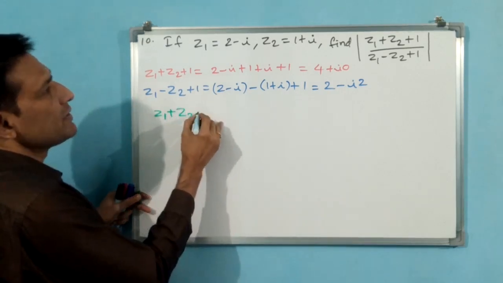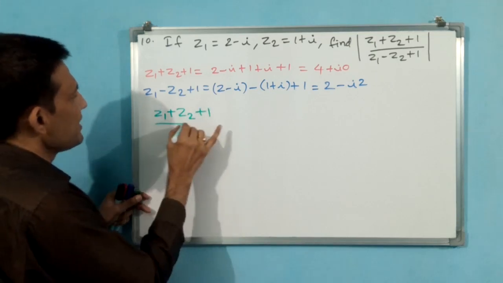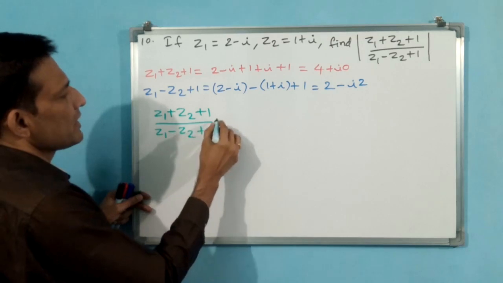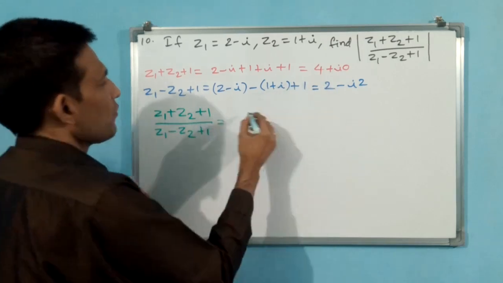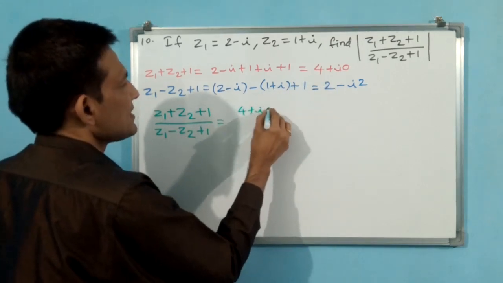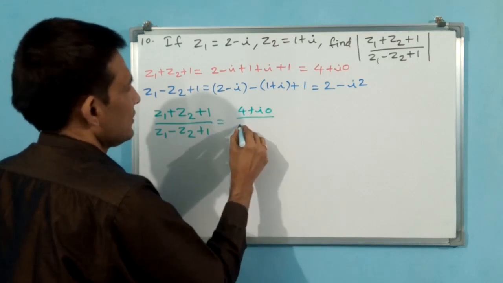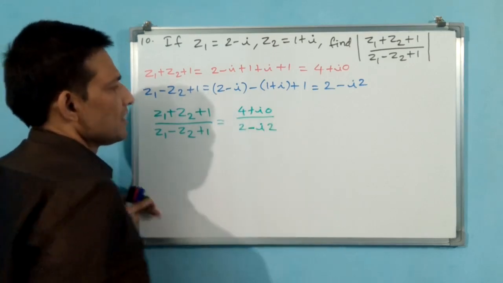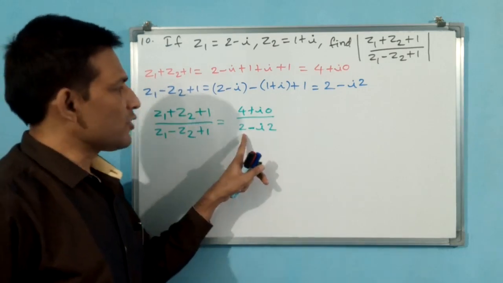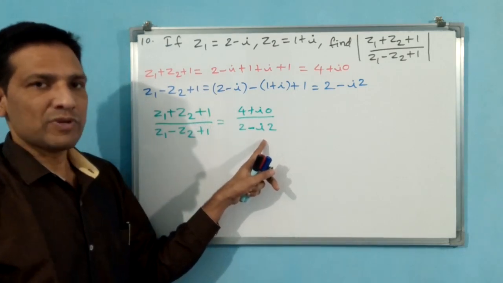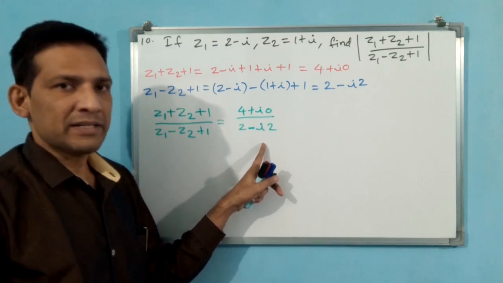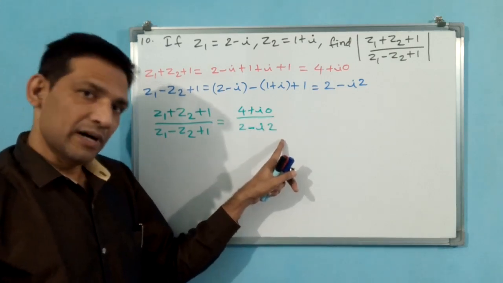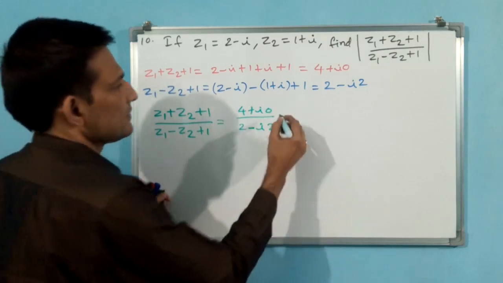Z1 plus Z2 plus 1 divided by Z1 minus Z2 plus 1 is equal to 4 plus I0 by 2 minus I2. Now in the denominator a complex number comes, so you have to rationalize. That means multiply by 2 plus I2 by 2 plus I2.